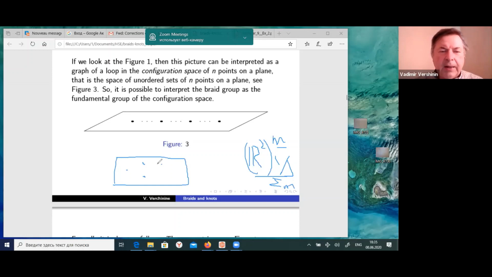So here you don't see which point is the first one, which point is the second one. You just consider this object as a configuration. This is why it is called the configuration space.